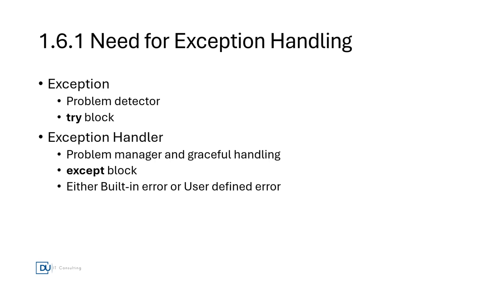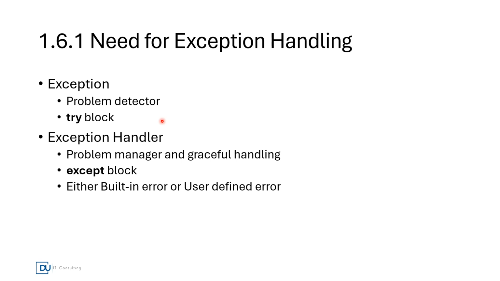Need for exception handling. Exceptions are different types of errors that we may expect in a program. So whenever we expect a potential problem, we place the set of lines of code within a try block. This is because we want to detect problems if any errors occur.